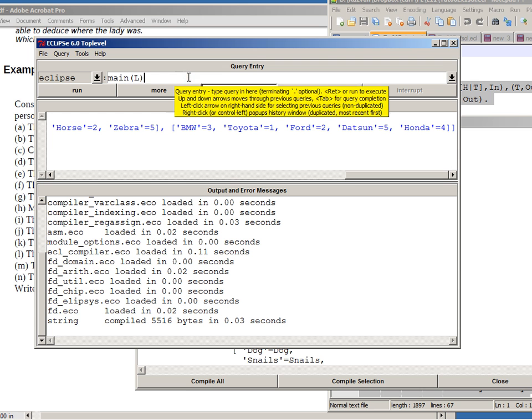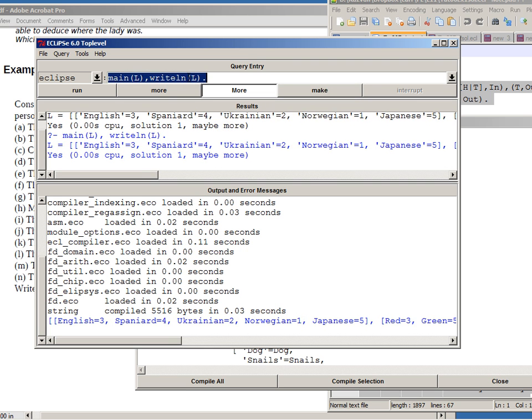We can try. I'm not sure what happens here. Same thing.